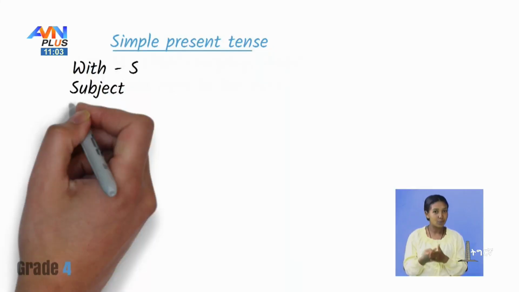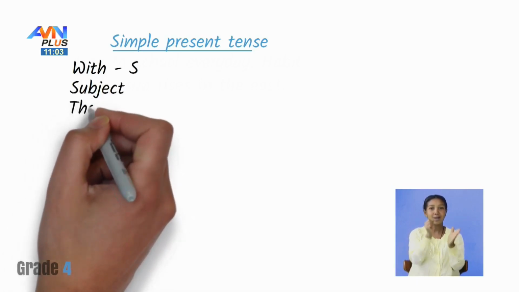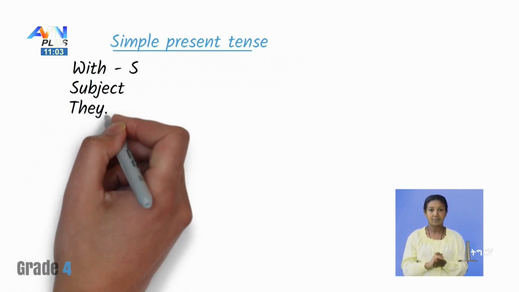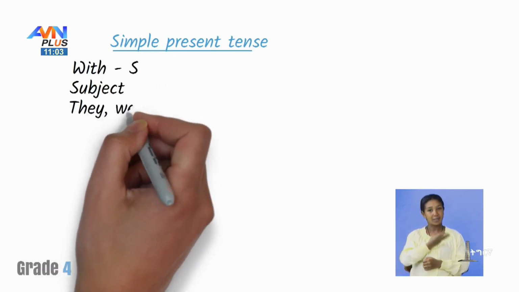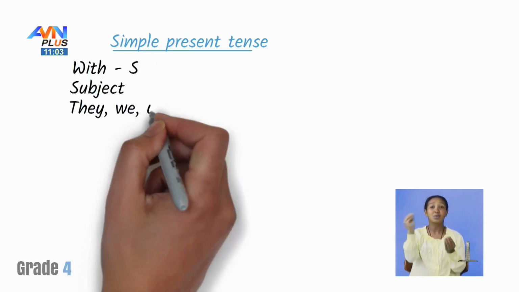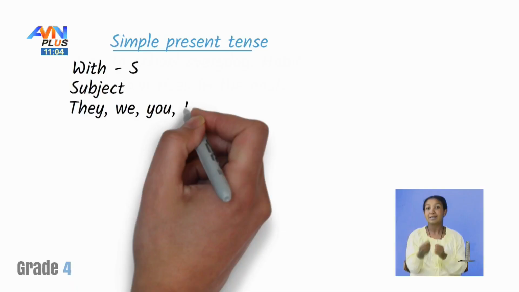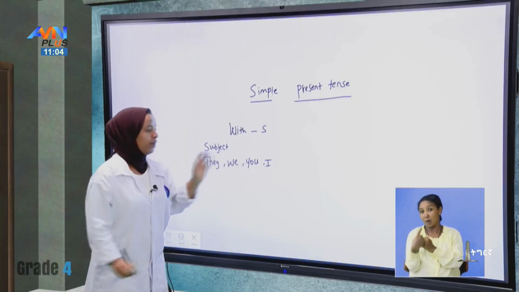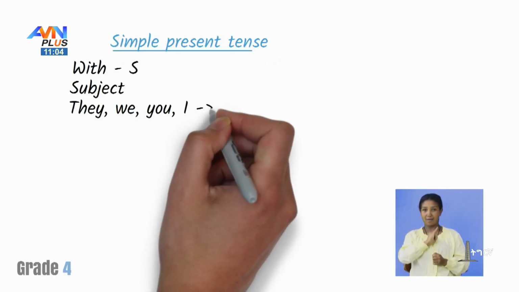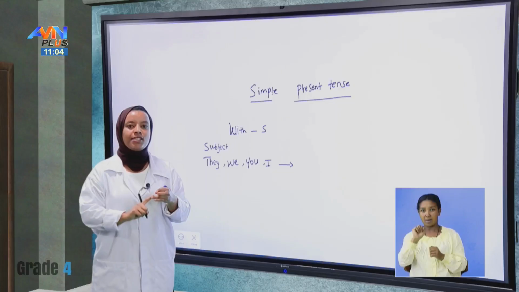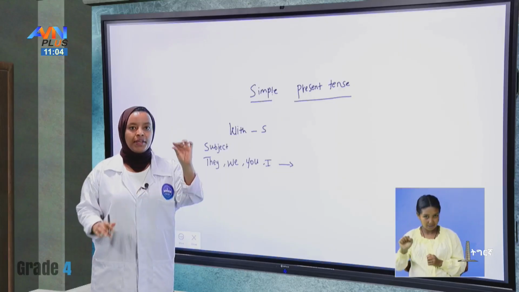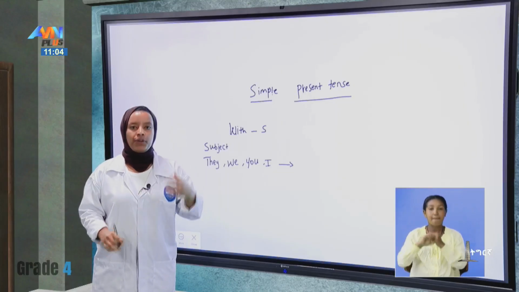When we come to plural, like they, we, and also you, and as it is singular but for a specific reason, also I, we don't add anything, s, ies, or es. We just take only the base verb.